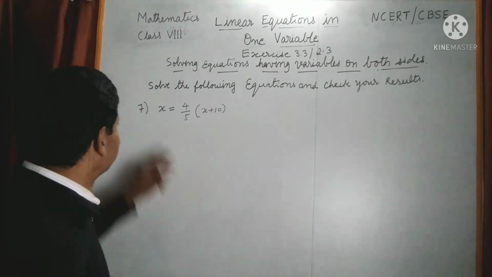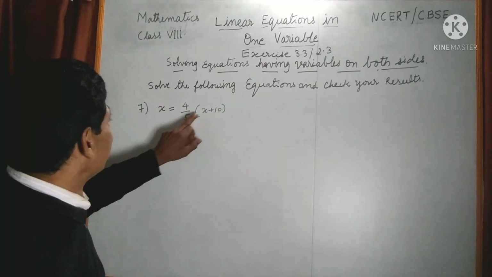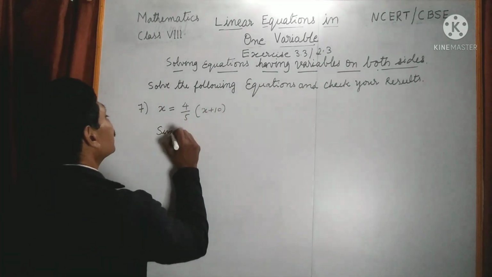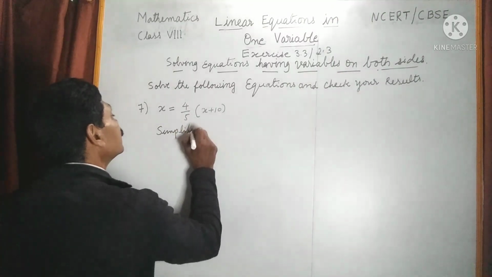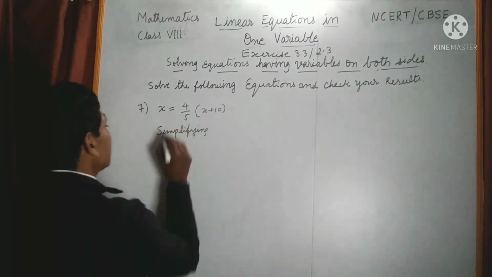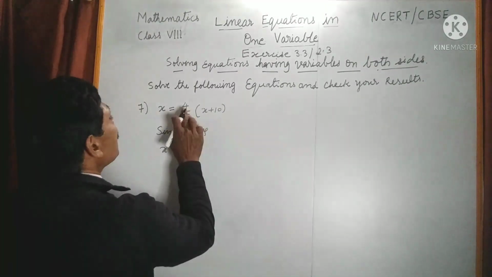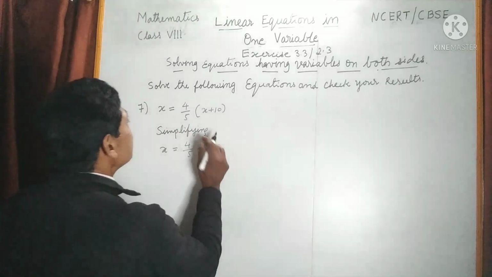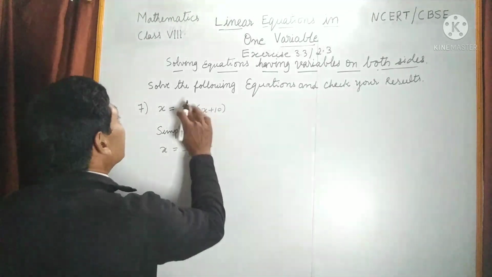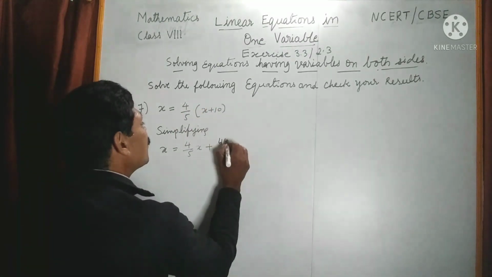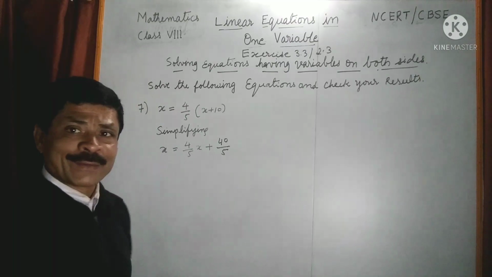Question number 7. x is equal to 4 by 5 into x plus 10. Simplifying, x is equal to 4 by 5 into x is 4 by 5x plus 10 into 4 by 5. 10 into 4 is 40 by 5.